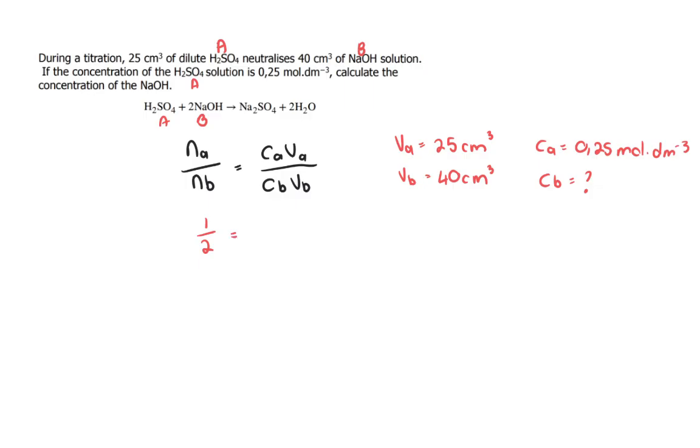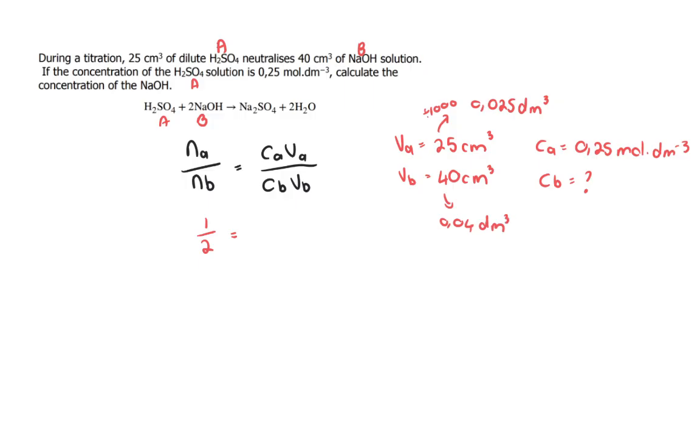And then remember, we want our volumes in the correct units. So remember that if I want to take the cubic centimeter to cubic decimeter, I have to divide by 1,000. So it's 0.025 cubic decimeters, and this one is going to be 0.04 cubic decimeters.